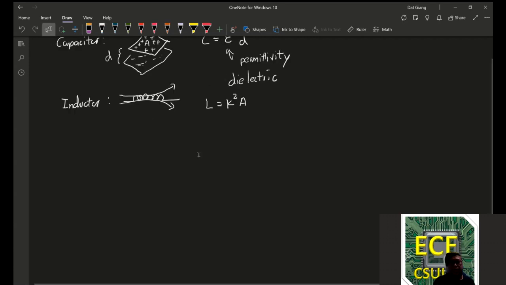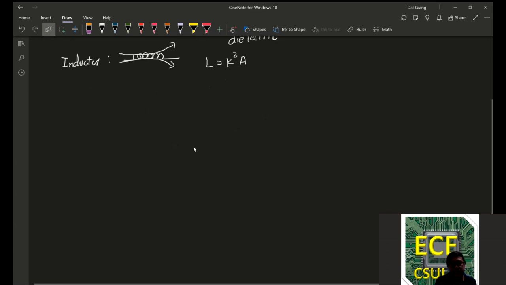Now, for a capacitor, we use this symbol. We have two parallel plates that are drawn about the same. Or sometimes, if we want to express a polarized capacitor, the bottom side is slightly curved.